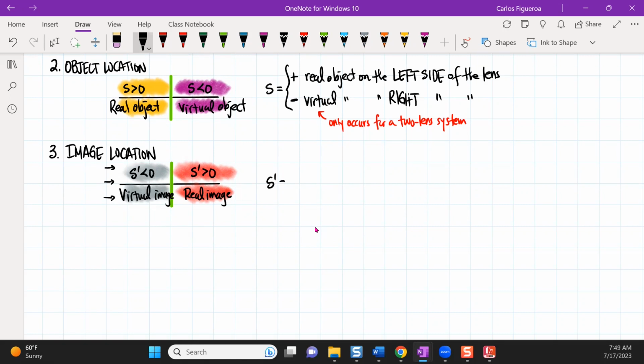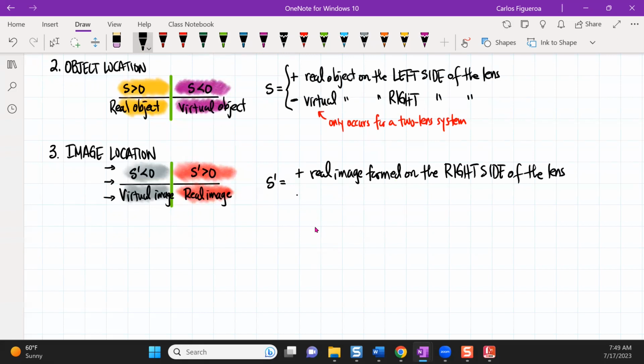So when I look at the sign convention, if I have a positive, it's a real image formed on the right side of the lens.